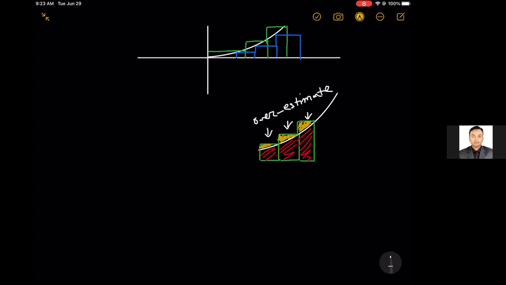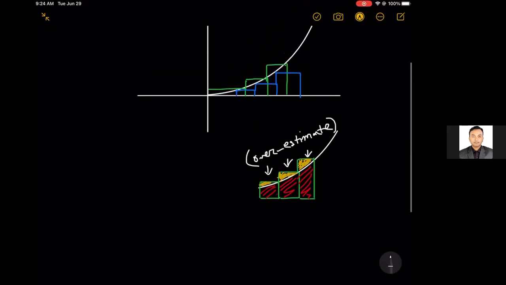So if we add the areas of these rectangles, we'll have that yellowish part, which is not in our territory. We don't really want that. Since we are approximating the area under the curve, that means those yellowish part will give us an overestimation. Do you agree with that? Or does it actually make sense?